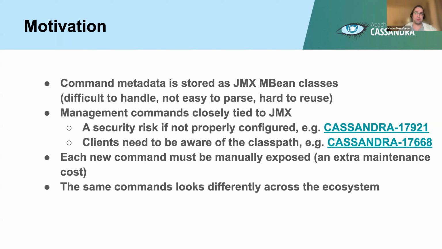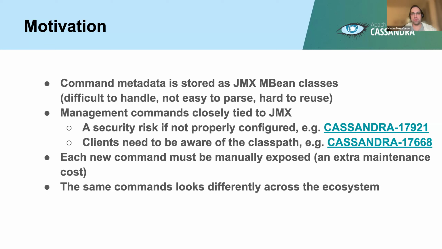There are some concerns about the JMX itself. Clients need to be aware of the classpath, so if a Cassandra exception is thrown while the JMX method is called, they need to be aware of these types of exceptions. There are some security risks, and probably the most important thing is that once we introduce a new command to the node, it should be manually exposed to all the tools that we have.